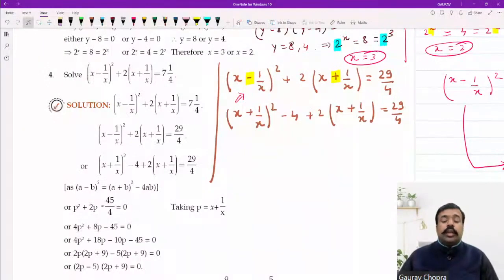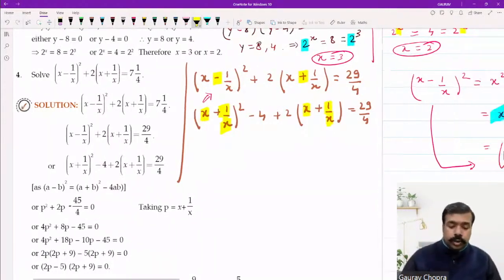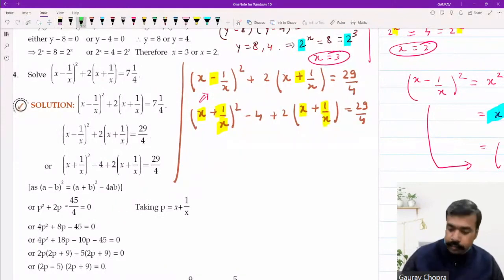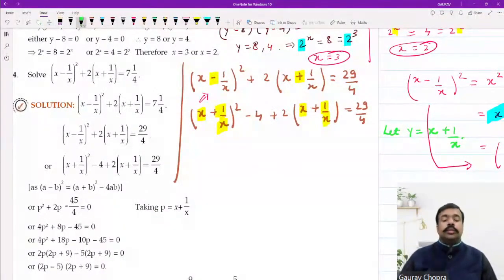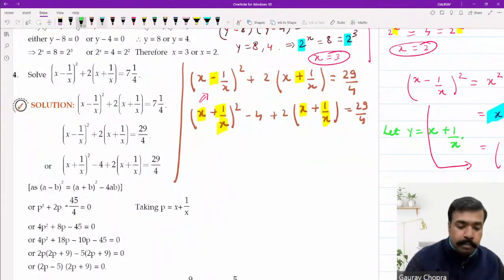Now we know that this is exactly the same, x plus 1 by x, and here also we have x plus 1 by x. The main difference is of power. So we can let this be y. Let y equal x plus 1 upon x. Why are we letting this? So that we can simplify it in a proper way.